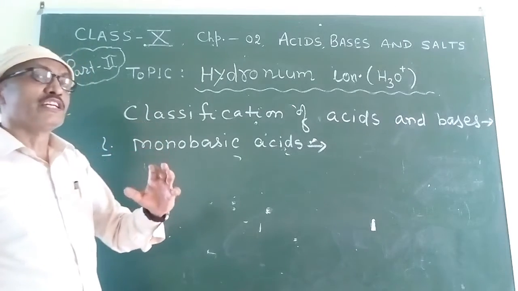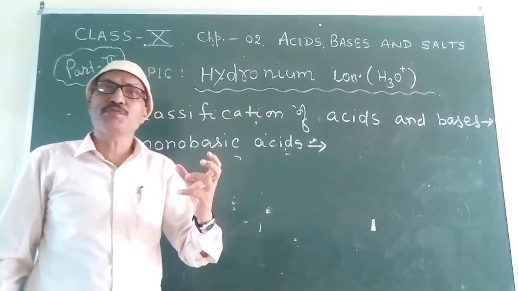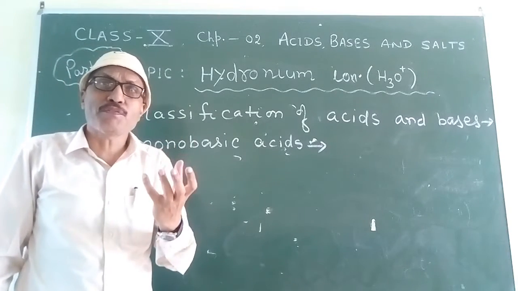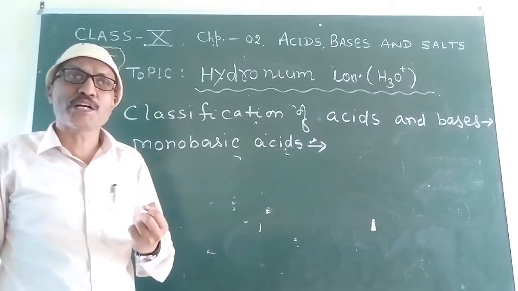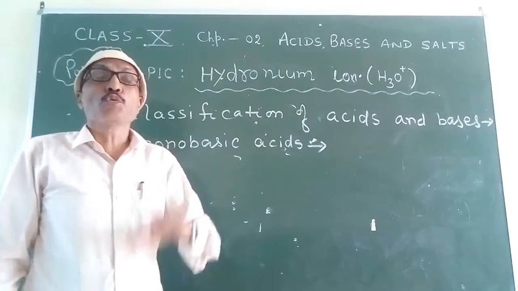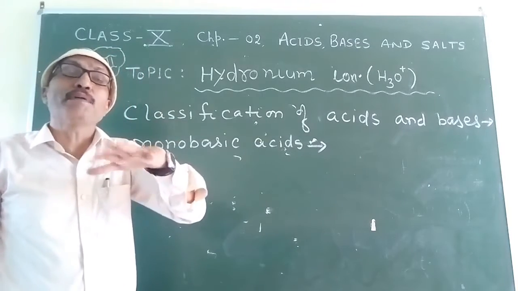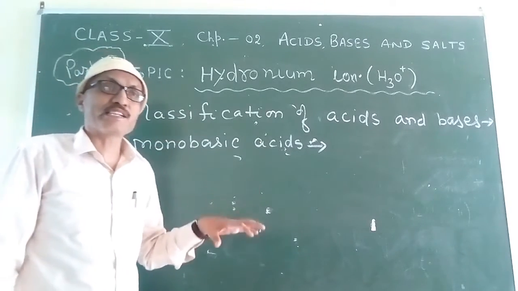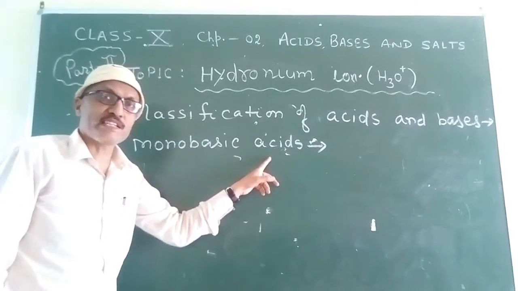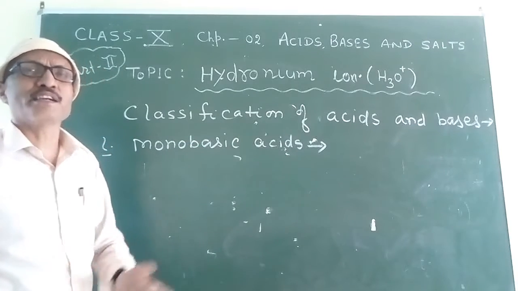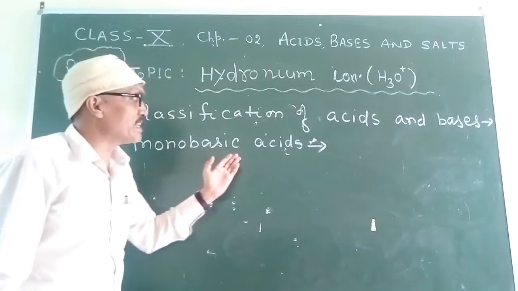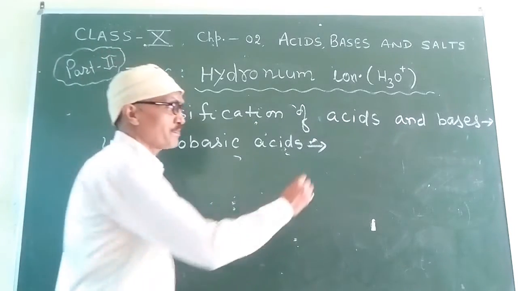Students, you might have seen in some of the acids there is one replaceable hydrogen, in some of them two replaceable hydrogens, in some of them three replaceable hydrogen atoms. So on the basis of replaceable hydrogen atoms, an acid is classified as monobasic acid, dibasic acid, tribasic acid.